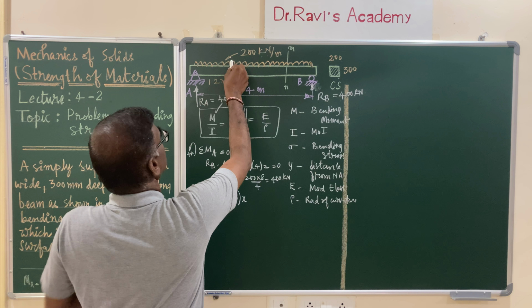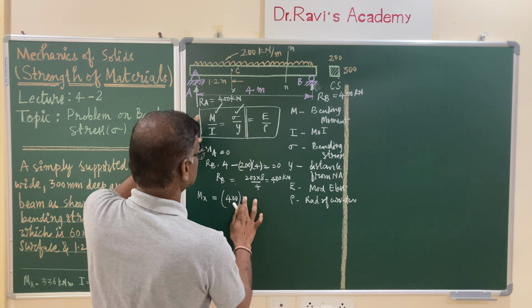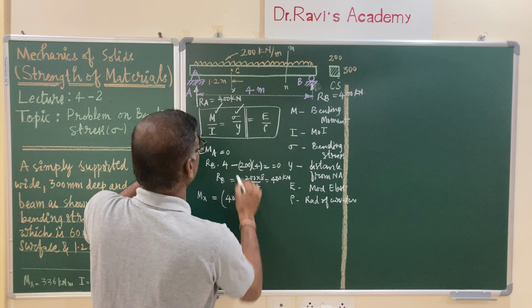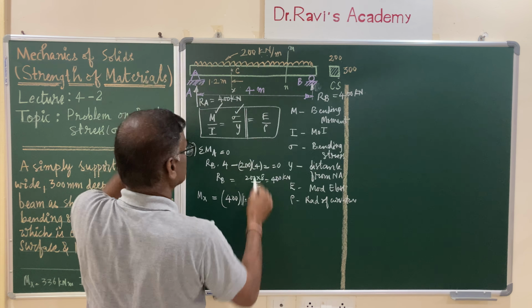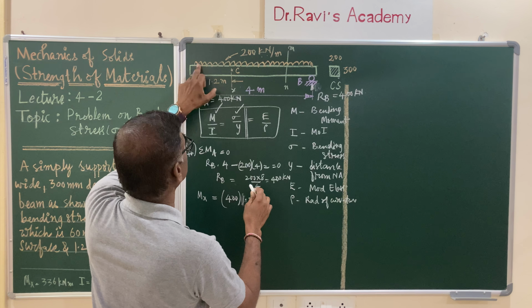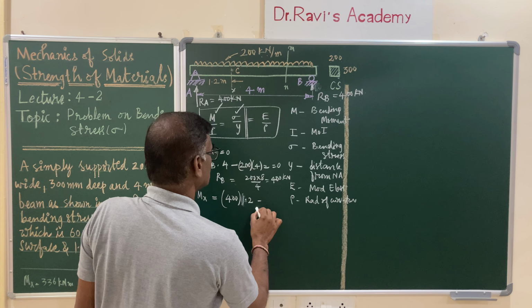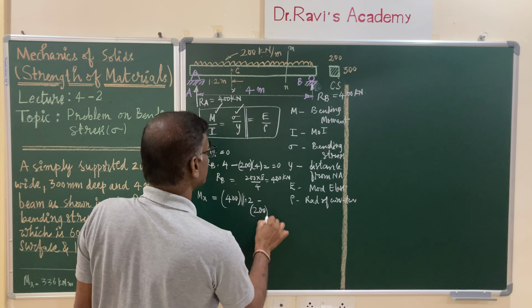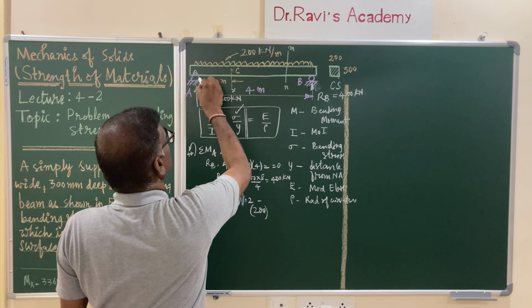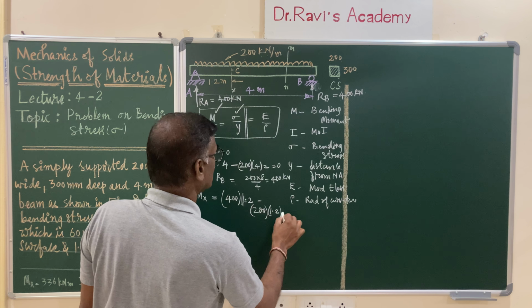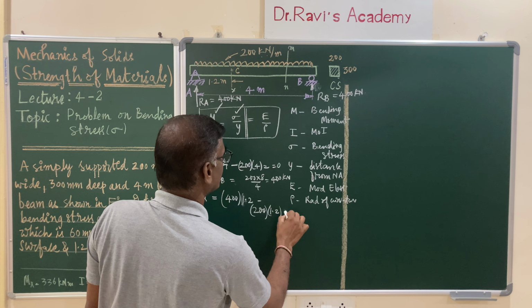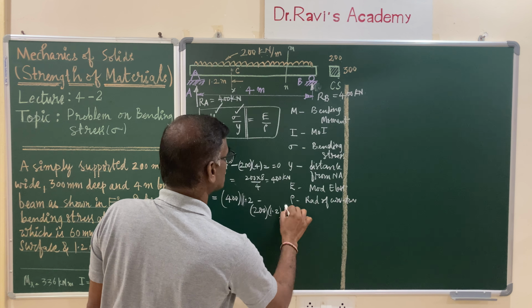Here x is given as 1.2, so it is 400 into 1.2, sagging and positive, minus the load: 200 into 1.2 becomes the load, and the moment arm is half of this, 1.2 by 2.